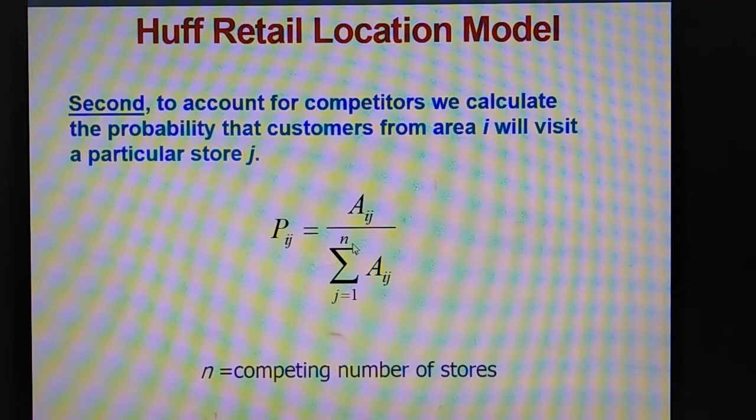Perhaps around your newly proposed supercenter, there are 4 other supermarkets or centers which are quite comparable to your supermarket. So divided by the summation of attractiveness up to how many competitors you have. Then you have the probability of customers going to your store J.